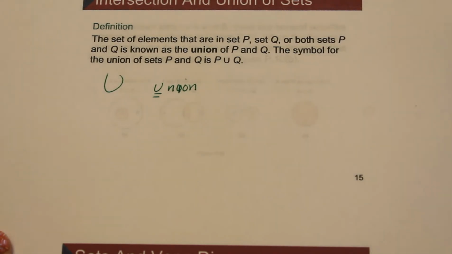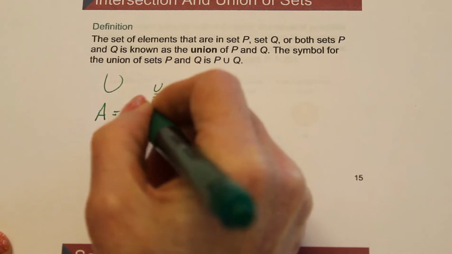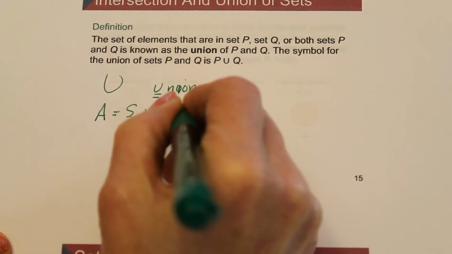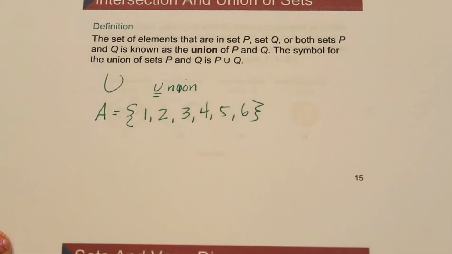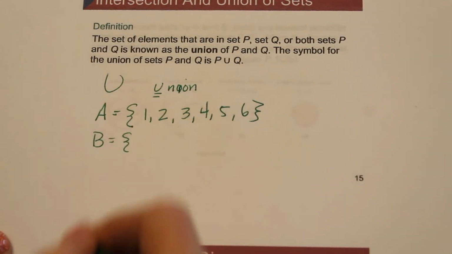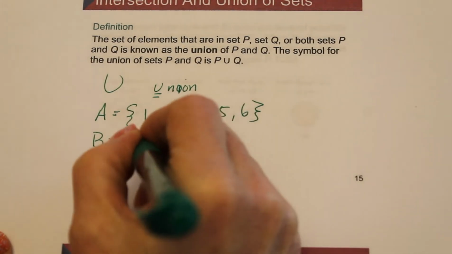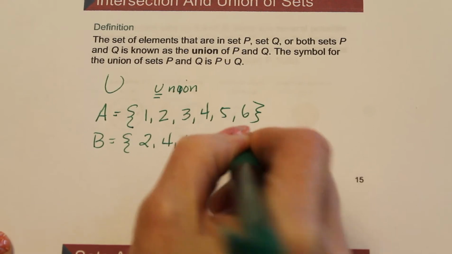All right, so let's have an example here. If I had set A was the numbers 1, 2, 3, 4, 5, and 6. And then I had set B were the numbers 2, 4, 6, 8, and 10.